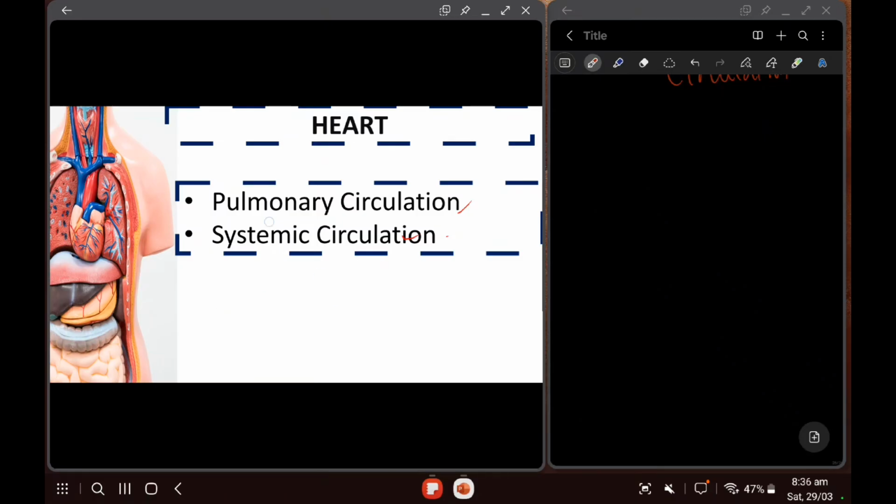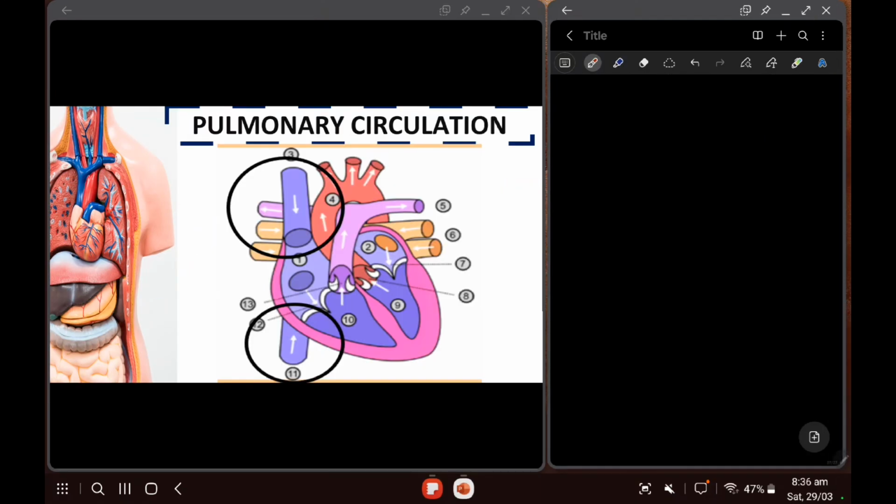Then, you can see here the circled parts. This one, coming from the top, is the superior vena cava. And this one at the bottom is the inferior vena cava. The IVC is our largest vein in the body.